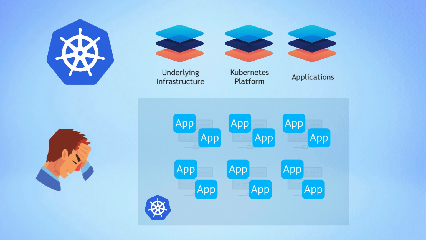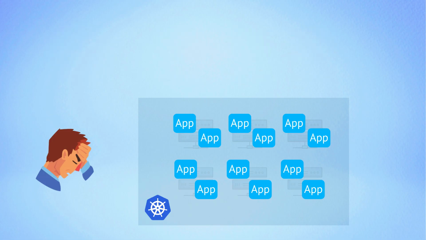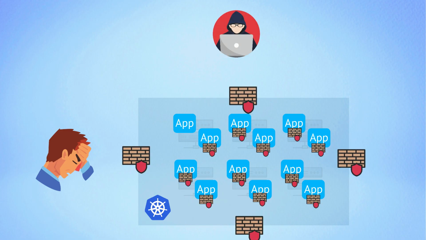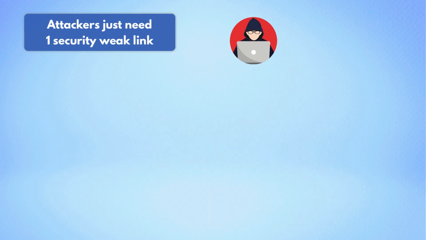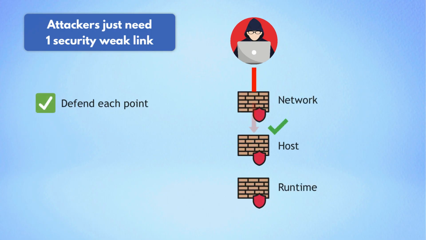And one of the main challenges of security in general is that the attackers have an advantage because they just need to find one security weak link in the system to attack, while a defender has to defend every single point, maybe multiple times, to prevent that from happening. In many cases, we would need to defend each point with multiple different mechanisms.